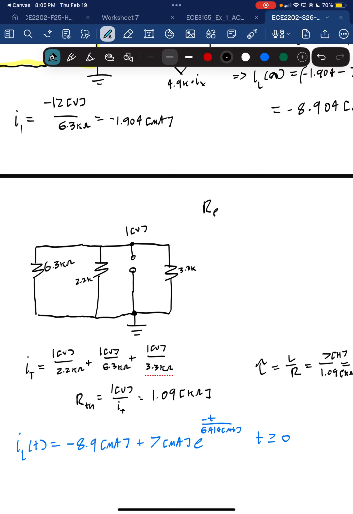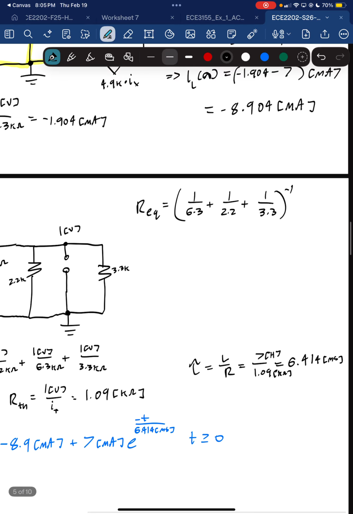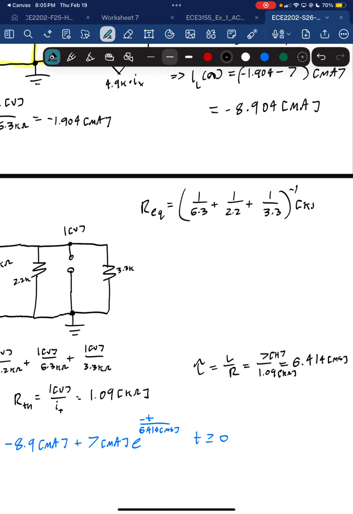So our equivalent is 2.2 plus 1 over 3.3, all of that to the power of -1. And that's in kilo ohms.